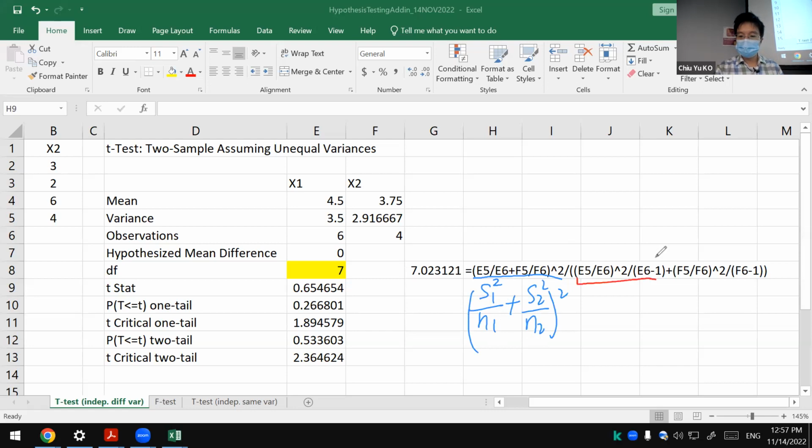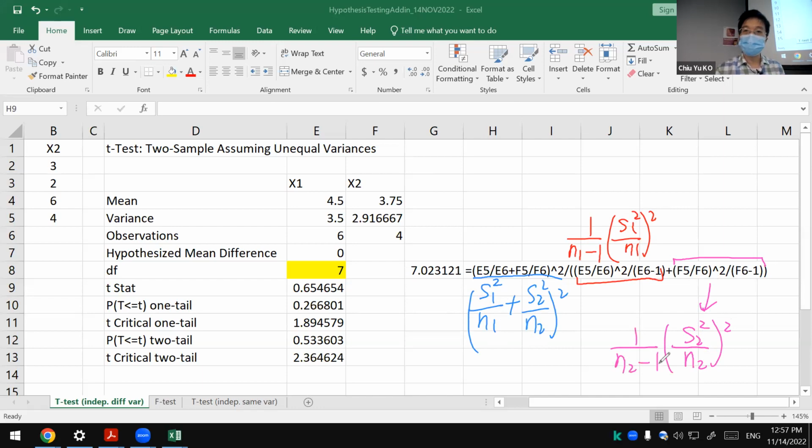This one is S1² over N1 squared, times 1 over N1 minus 1, and this one is S2² over N2 squared, times 1 over N2 minus 1. So this is the way that we get this formula, 7.